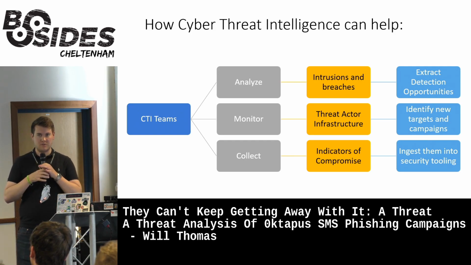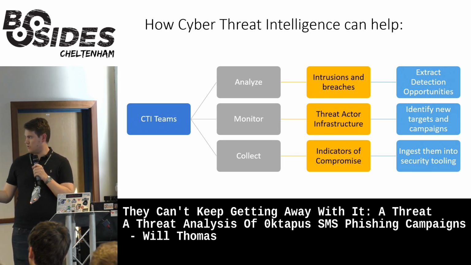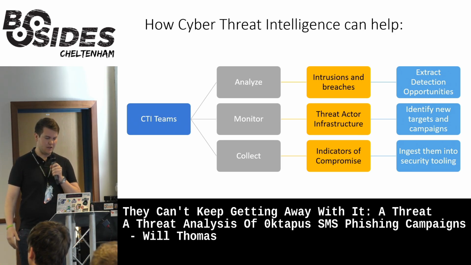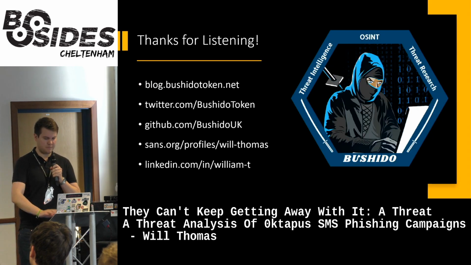Like I showed in this talk, we took all the domains and mapped out all the targets of this campaign, identified new targets and potential victims, and collected the indicators of compromise. Then we ingest them into tools and check any reported incidents to see if they try to target us.